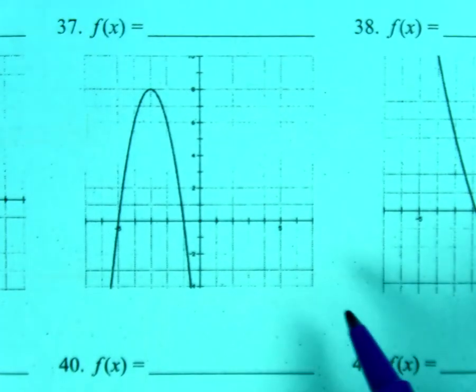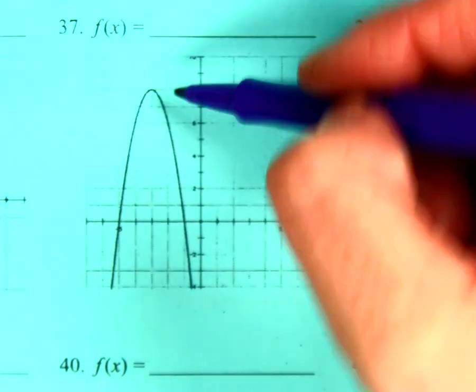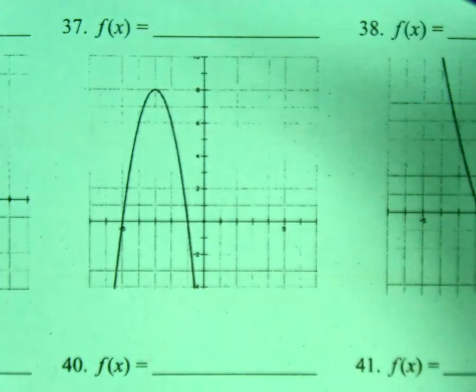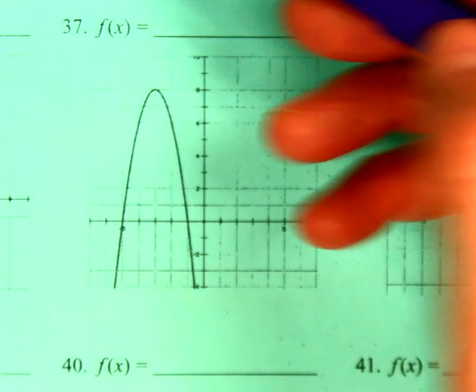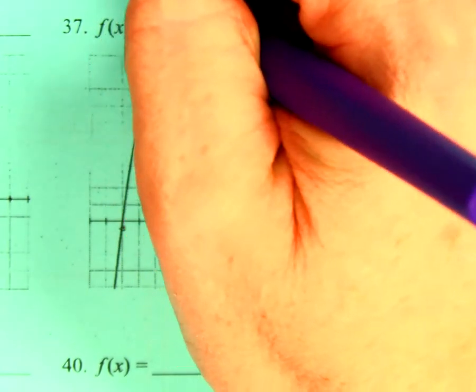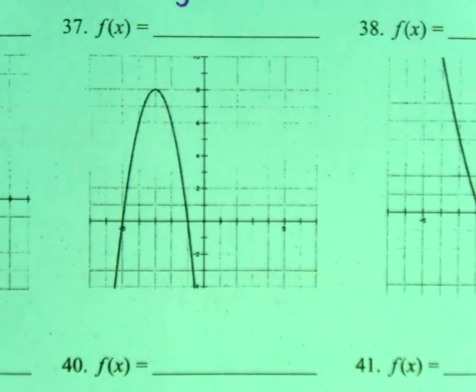Okay, so I am going to look at this, and I already know that my A is going to be negative, because it's opening down.